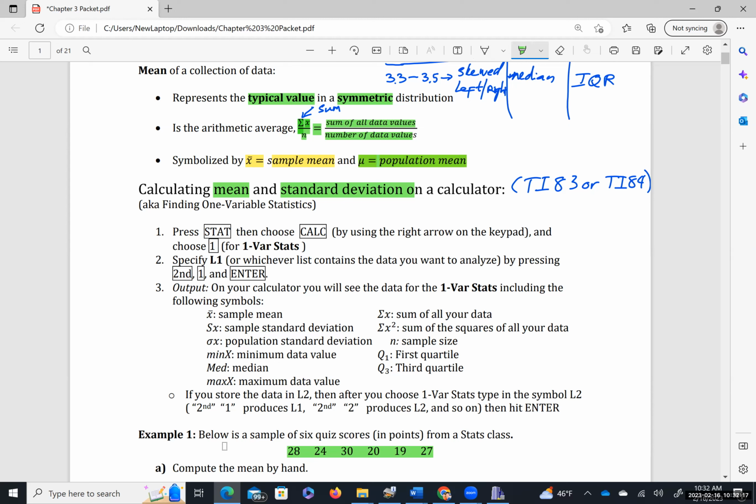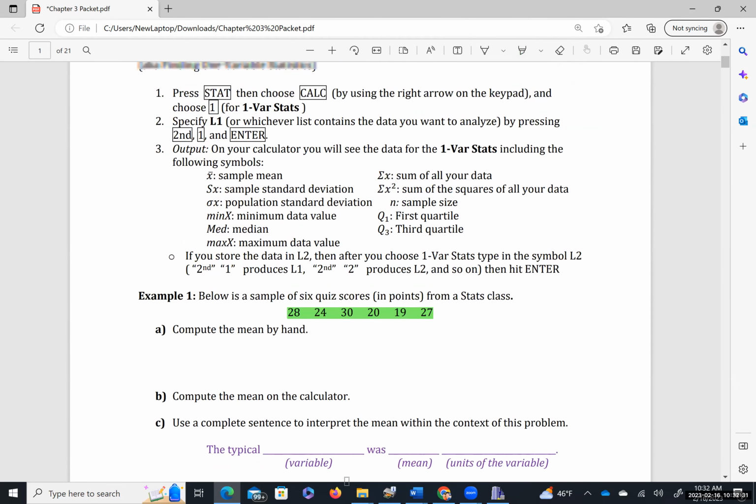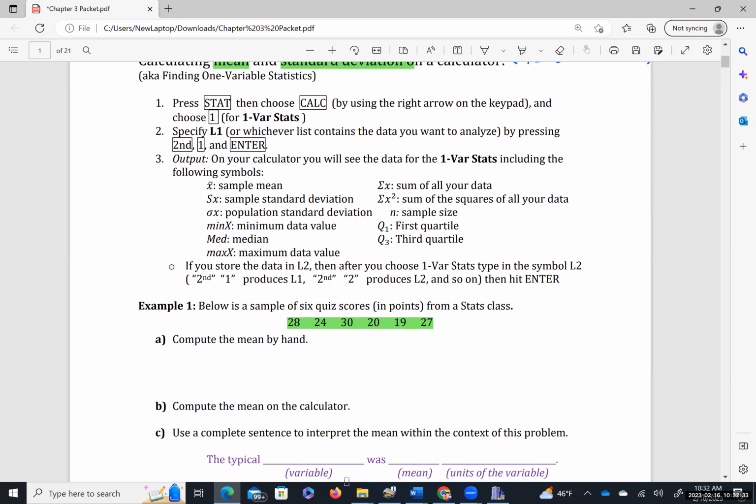Then we want to find the mean and the standard deviation, right? So let's move up a little bit.